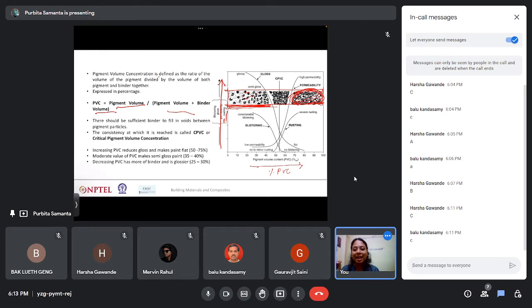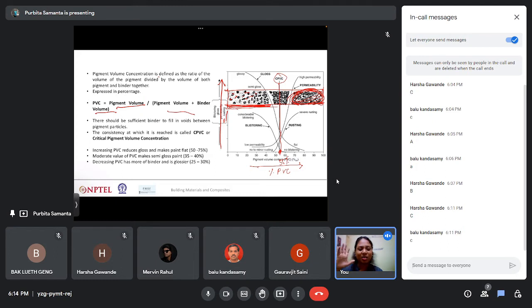It is that particular volume where the binders should have sufficient binders to fill in the voids between these pigment particles. So these are the pigment particles and the binders should be sufficient enough. That particular value is known as CPVC, which is marked over here as something around 55 percentage.